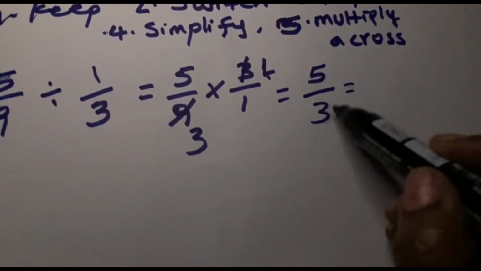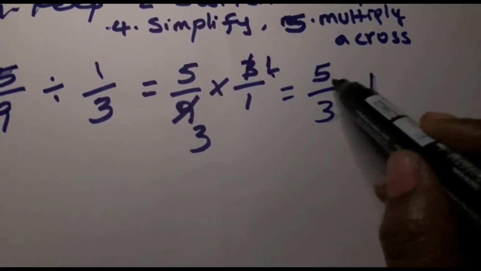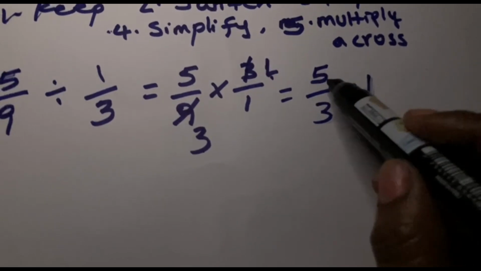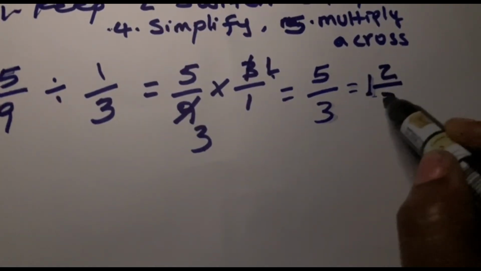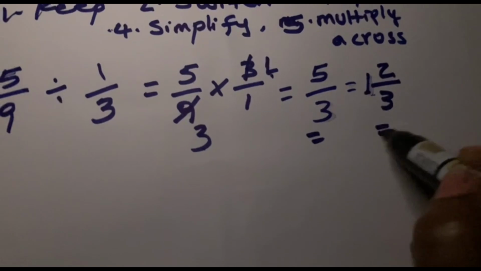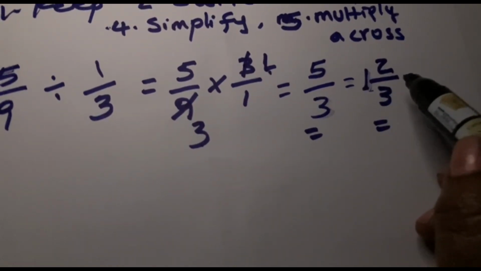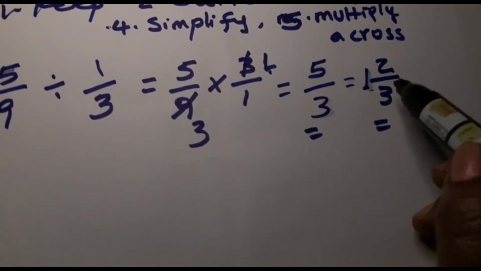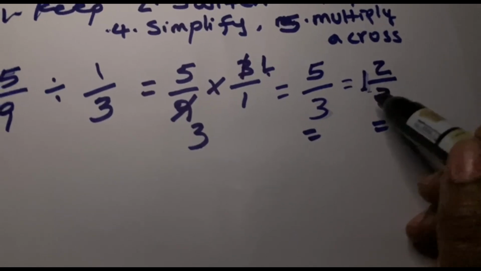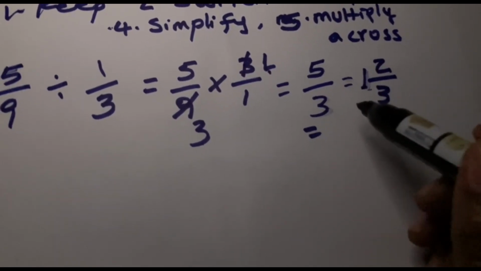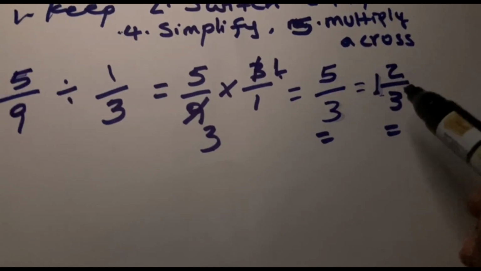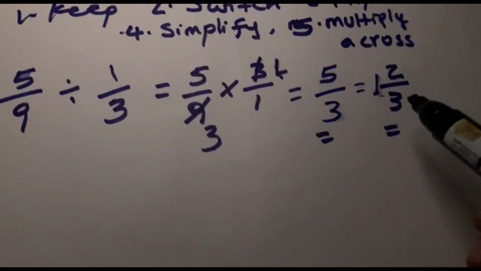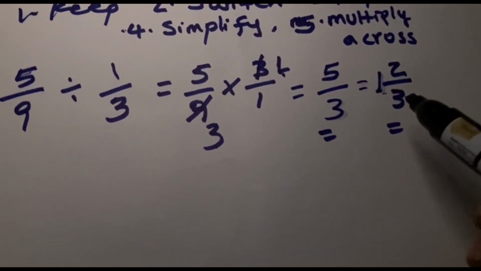Divide 5 by 3, it's 1 time. 1 times 3 is 3. 5 minus 3, the remainder is 2, so 1 and 2/3. If the numerator is greater than the denominator, the best way is to put it in mixed form.